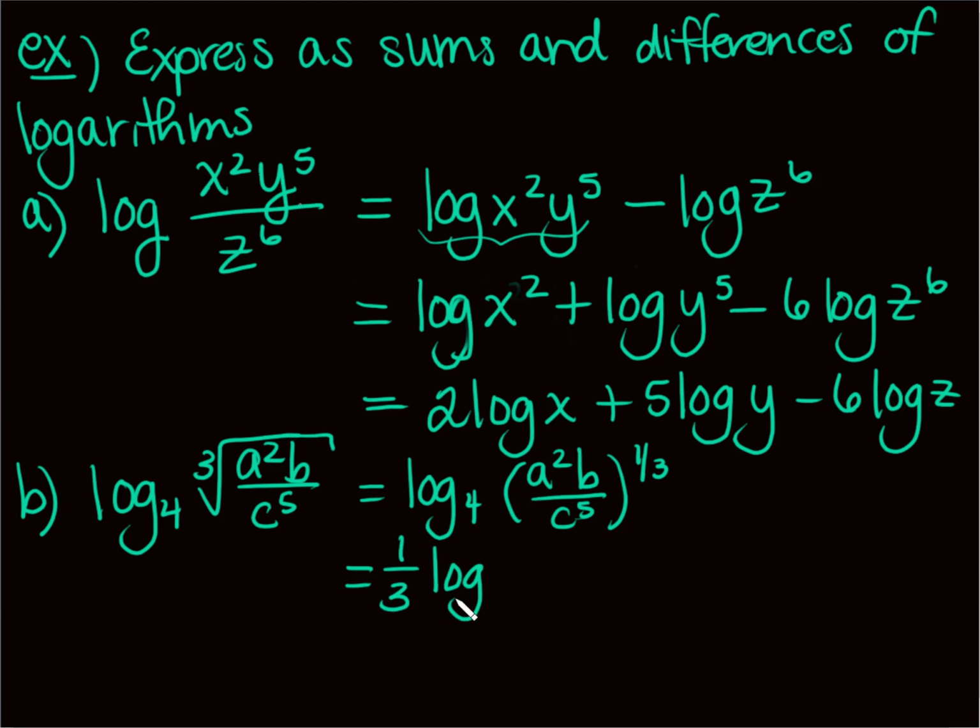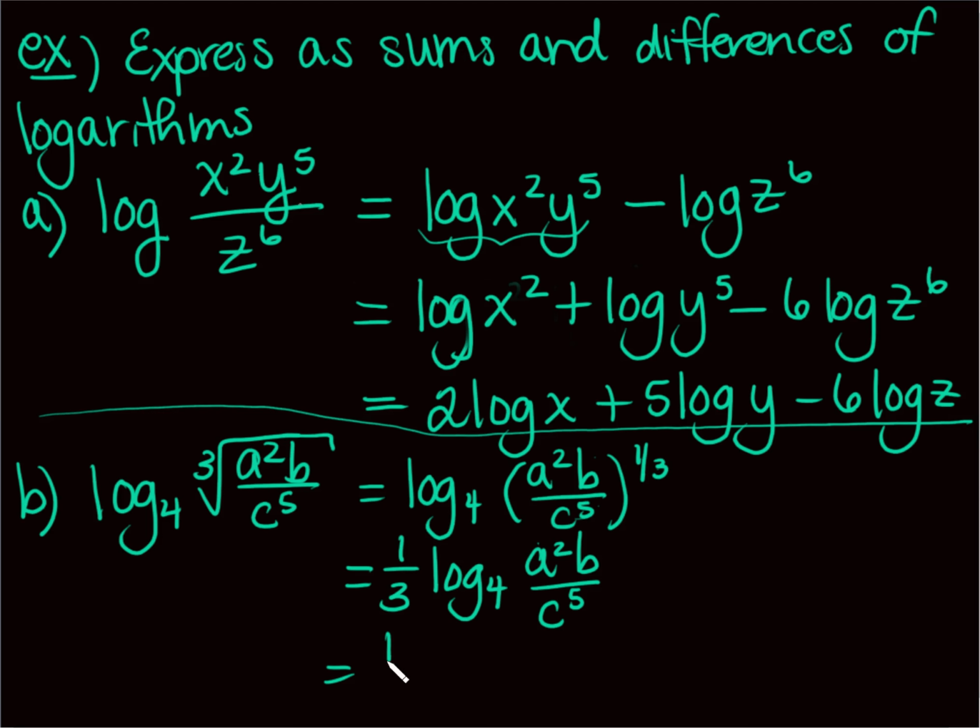Now, the other thing you could do, and this would be mathematically valid, is distribute that 1/3 to each of the exponents and have a to the 2/3, b to the 1/3, c to the 5/3, and then bring everything down. But I'm not going to do that. So I bring the 1/3 down first. I'm going to get this right here, log of a squared b all over c to the fifth. And then what am I going to do here? I'm going to do exactly what I did up here, and I'm going to separate these using the quotient rule.